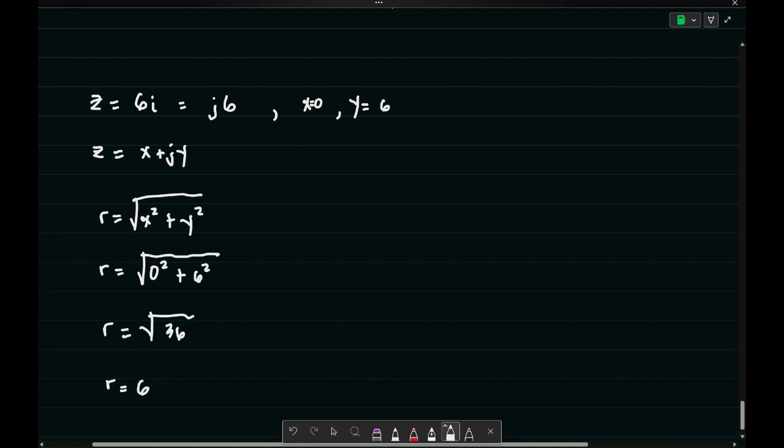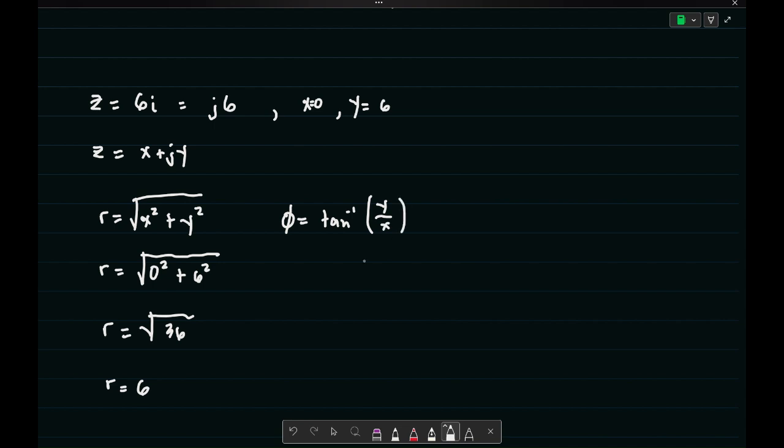Then the angle, since that is in the first quadrant, we can use this formula: y over x. The angle, that is not theta, that is phi, is equal to arctan of 6 over 0. And that is infinity, because if you input that in the calculator, it will give you a math error or syntax error.